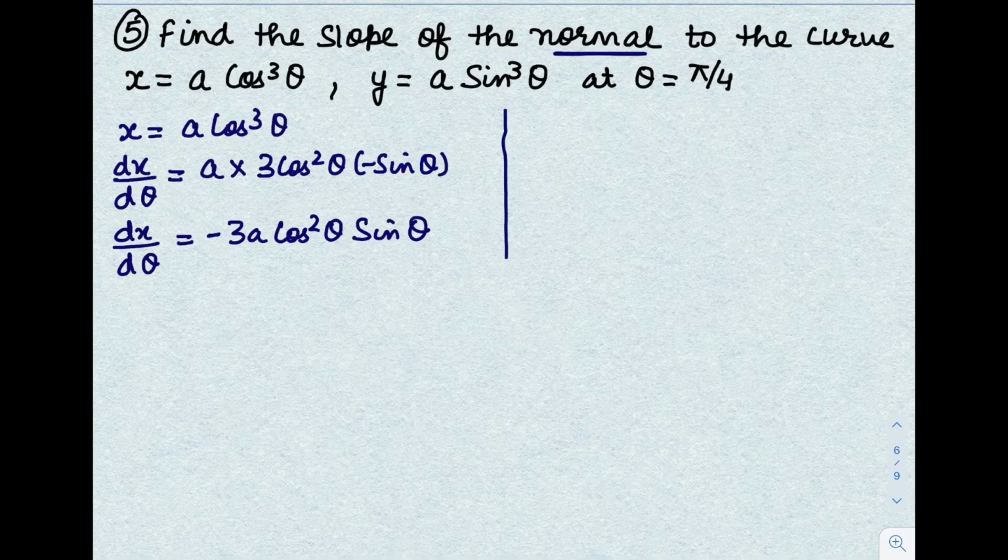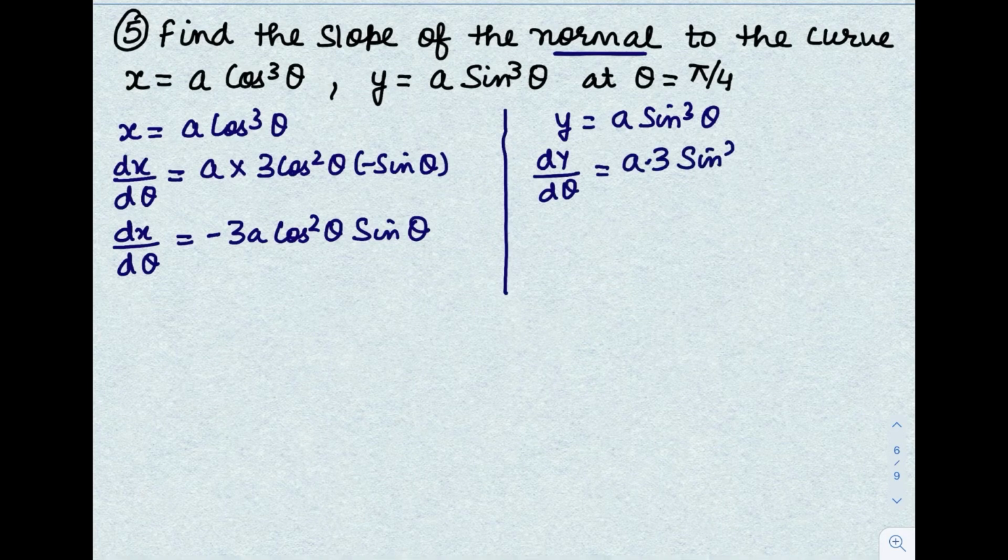Next we have been given y is equal to a sin cube theta. Differentiate with respect to theta, it will become a as it is, multiplied by 3 into sin square theta, and sin again differentiated gives cos theta. Simplified, it becomes 3a sin square theta into cos theta.